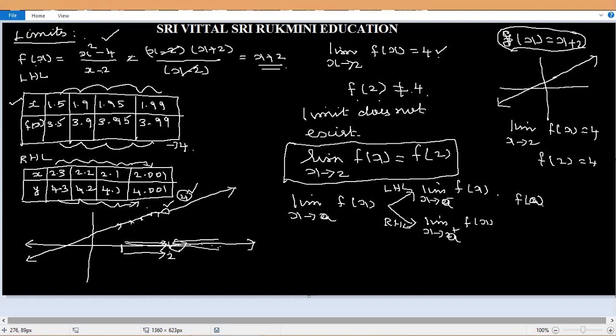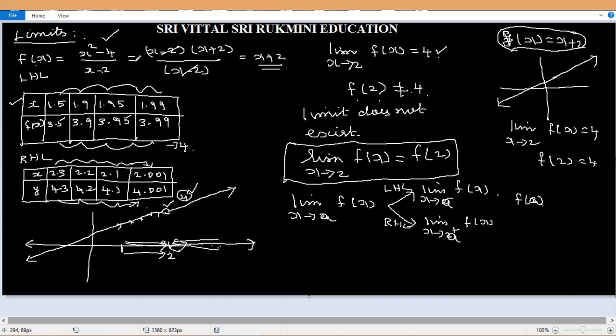These are the three possibilities: either the left hand limit does not exist, or the right hand limit does not exist, or f of a does not exist. Even if one of these does not exist, we say that the limit does not exist.